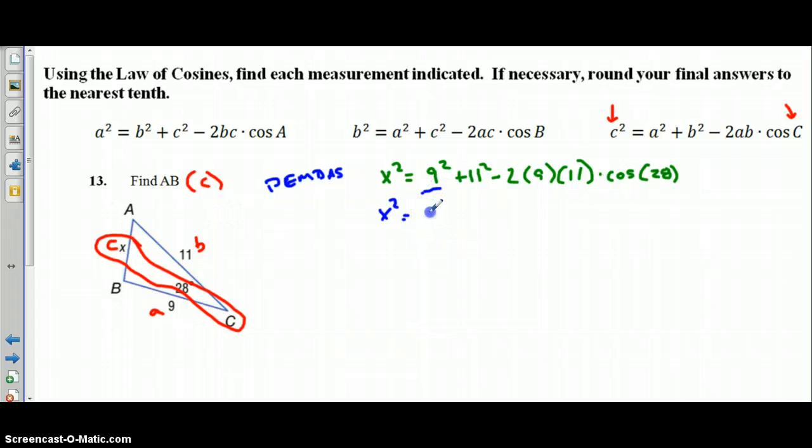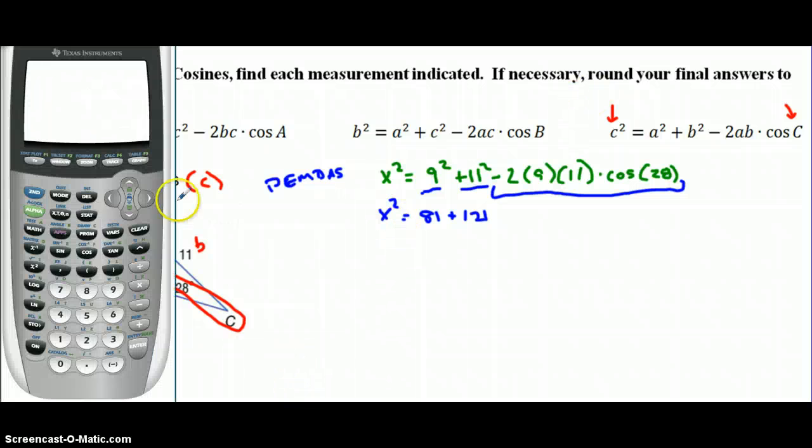So 9 squared is 81, and 11 squared is 121. That's simplifying our exponents. We now have to move on to multiplication. And so we have this expression, negative 2 times 9 times 11 times the cosine of 28. Because that's all multiplication, we can use our calculator to multiply that out.